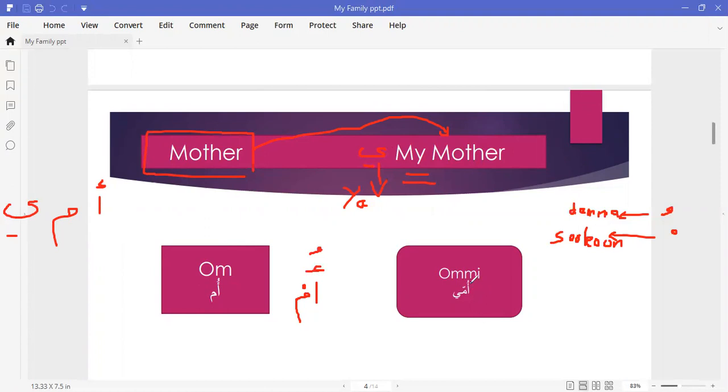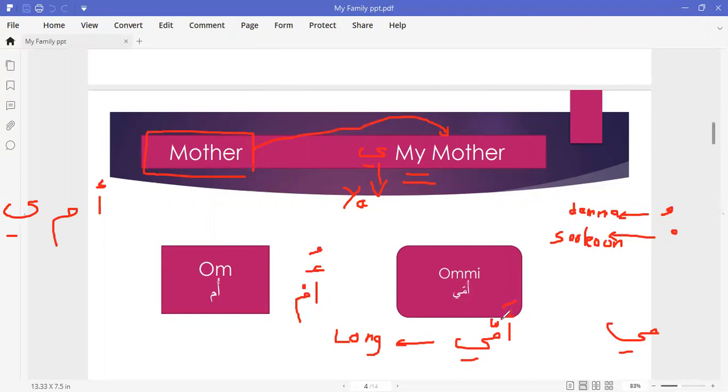U. This is U. Then we have ma and ya. I don't have any sounds here, so it's a long sound. It's not a short sound. Ummi. So we have ma plus ya as a long sound. Ummi, ummi.